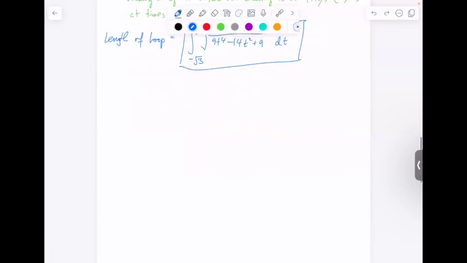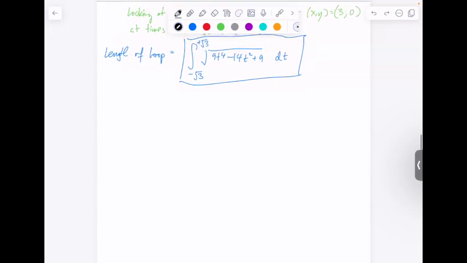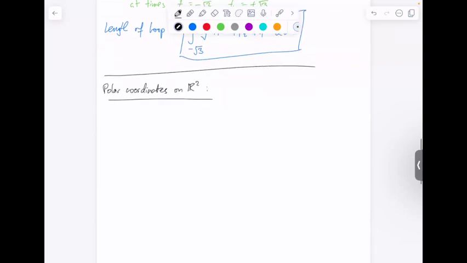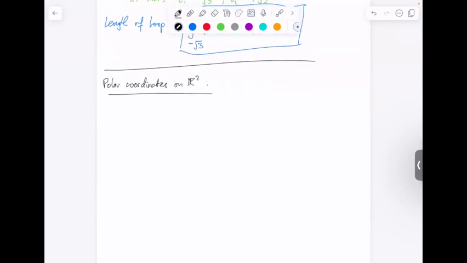Okay, let's move on to something relatively different now. We looked at examples of paths and how to parameterize paths in 2 dimensions. Let's now take a look at different coordinate systems you could put on 2 dimensions. All right, so polar coordinates on the plane. Let's try to figure out what coordinates are, roughly speaking.